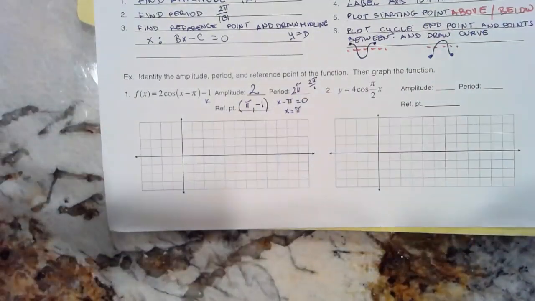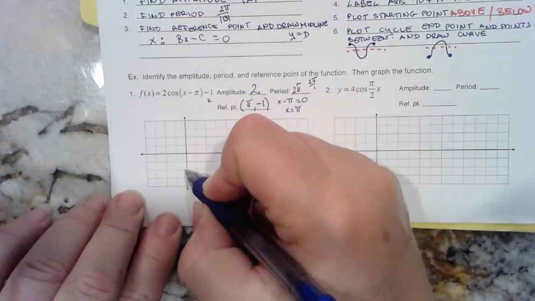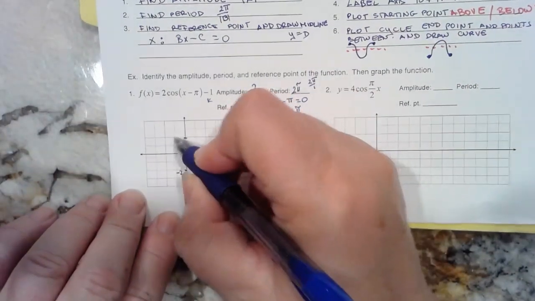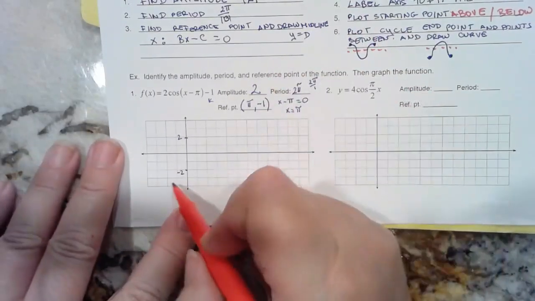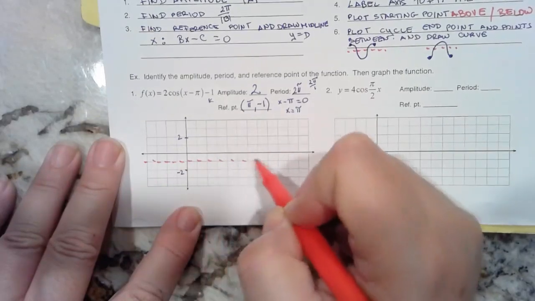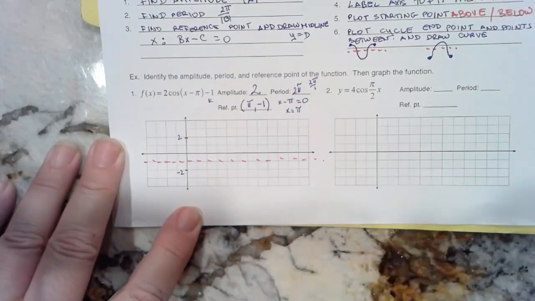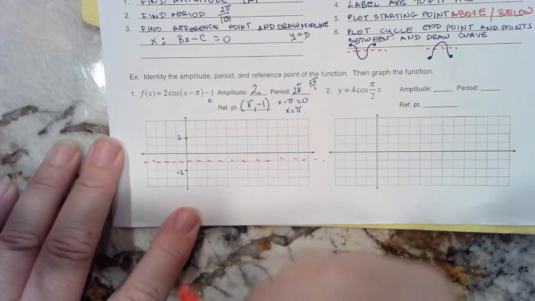Pi comma negative 1. So I know if I label this by 1, this is going to be negative 2, this is going to be positive 2. So my midline is going to be at negative 1. My reference point in this case is going to be pi and negative 1.